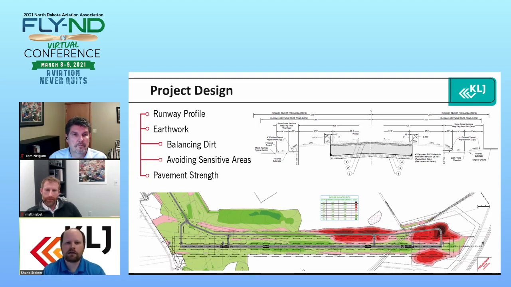Going back to what Tom mentioned about Bismarck, there was a high water table on the north end of the runway. And when we did the technical investigation, there were very, very poor soils, some of the lowest CBRs I've seen, in fact, but it wasn't consistent throughout the site. Some spots were really bad, some spots were okay.